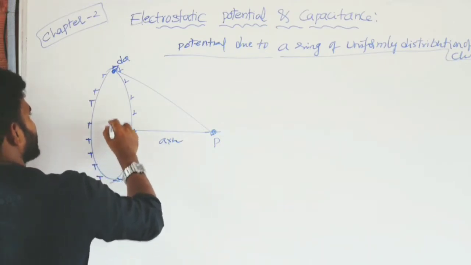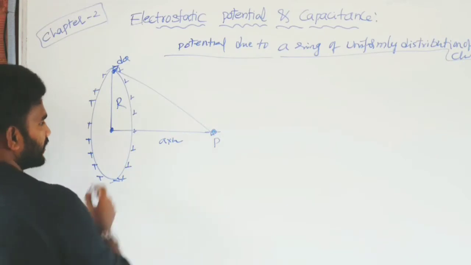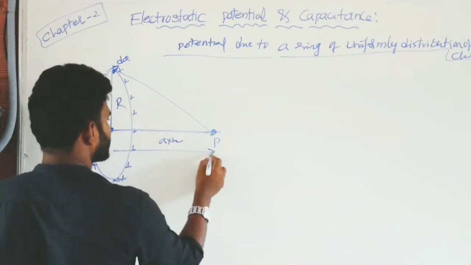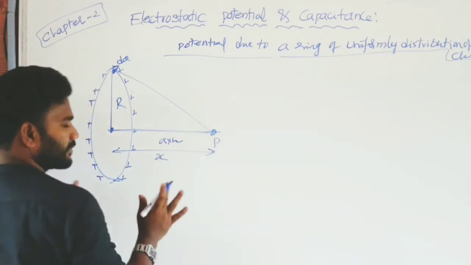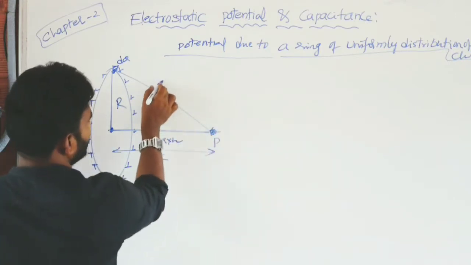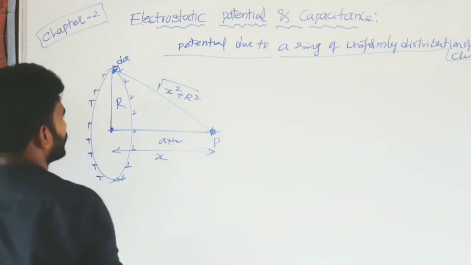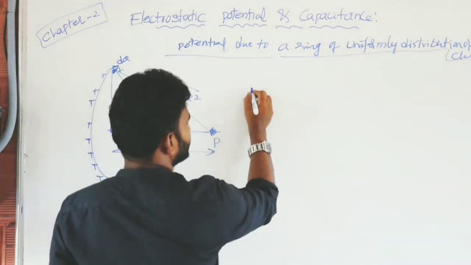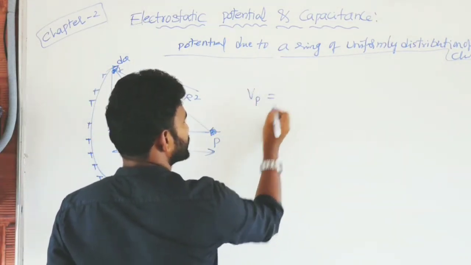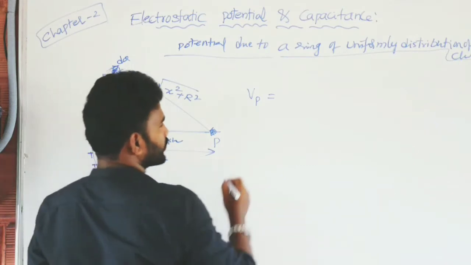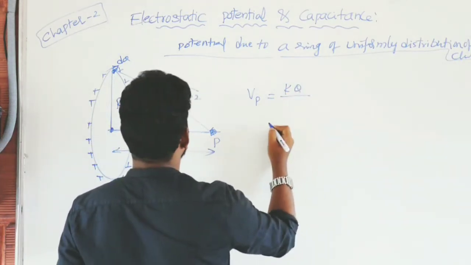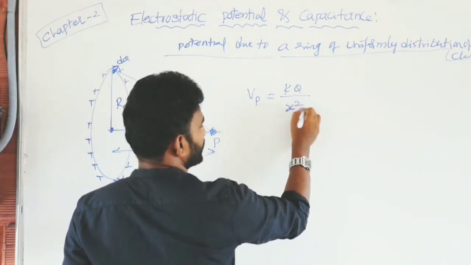Let me consider the radius of the ring is r. The distance from the center to the point is x. Then the distance is square root of x square plus r square. Now see, what is the potential formula? Vp is equal to kq by square root of x square plus r square.